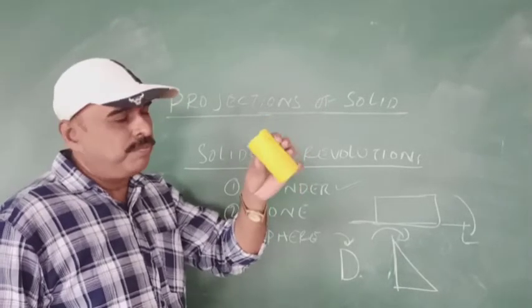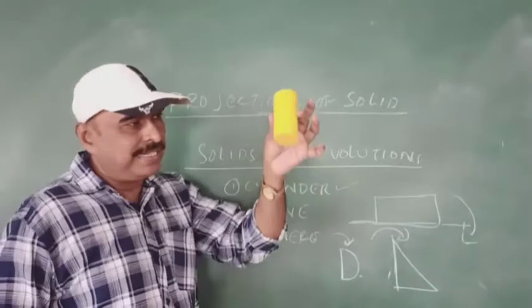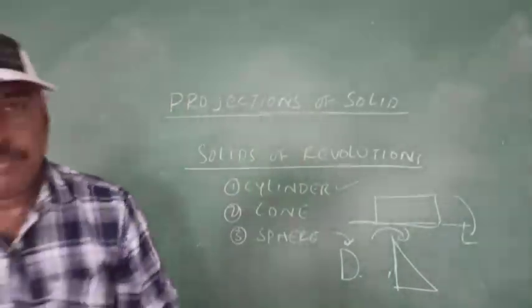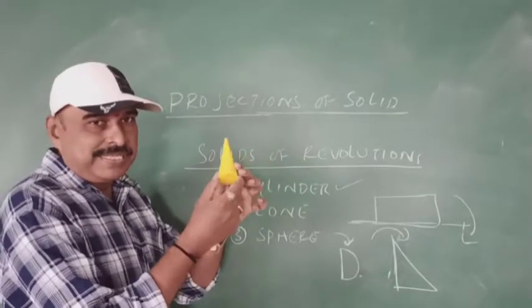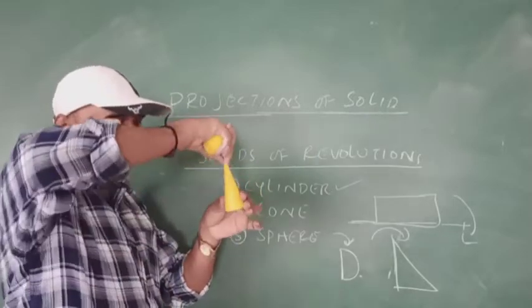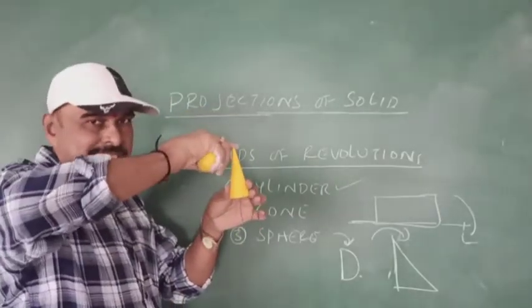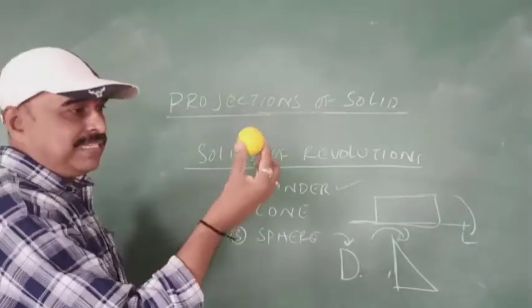Top face and the bottom face are joined with the end generators. That is cylinder. Now coming to another one, that is cone, having a circular base, and all the points on the circular base are meeting at one point, that is the vertex. These are end generators. And another one is sphere.